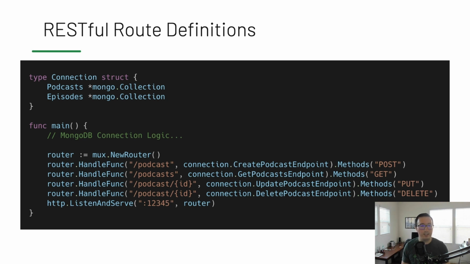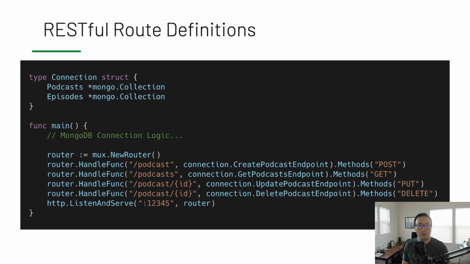So let's say that inside of that comment where I say MongoDB connection logic, let's just assume that I'm setting this connection variable, which includes my podcasts and episodes, and I am passing it into each function. Not so bad. Totally up to you what you want to do. If you want to create a global variable that could be accessed by any function without having to pass it in, it's totally up to you.